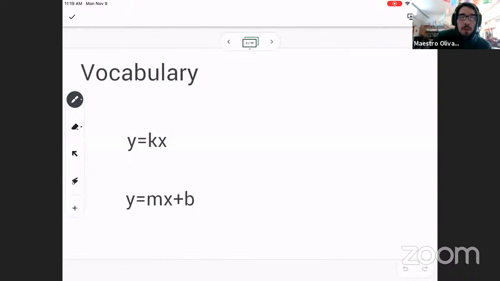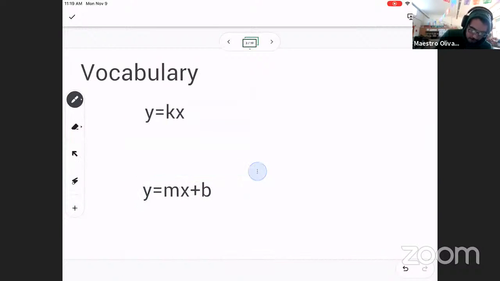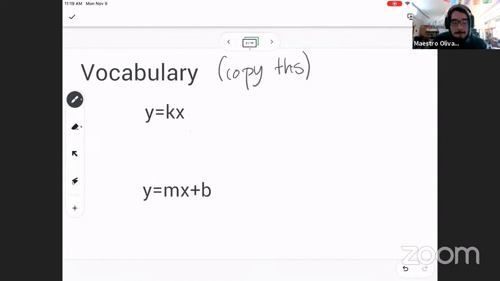Tenemos vocabulario. It's these two equations, and I definitely want you to copy this in your notebook, okay? I can't spell copy. Thank you for letting me know, Angel, because I was going to ask people to read problems out in a bit.